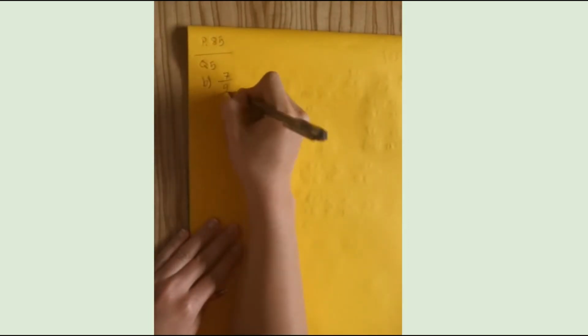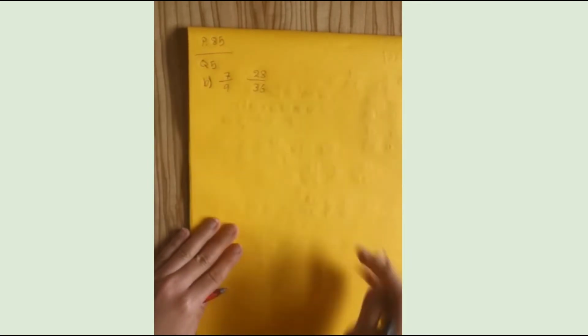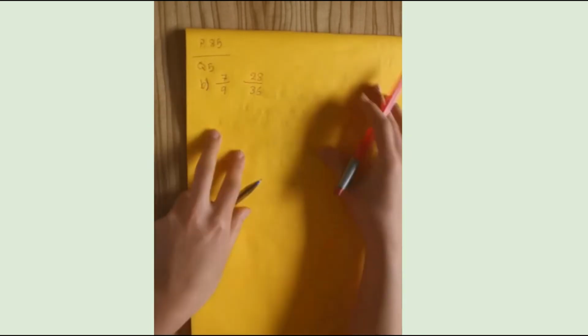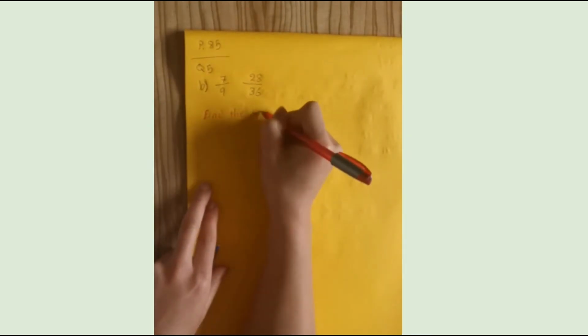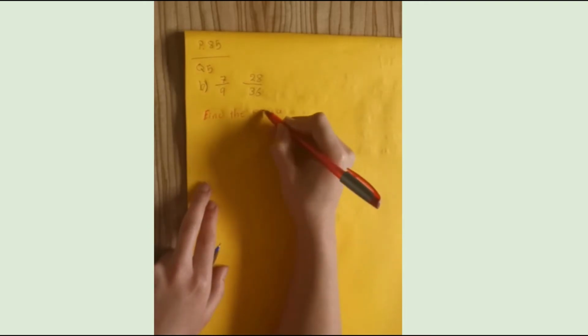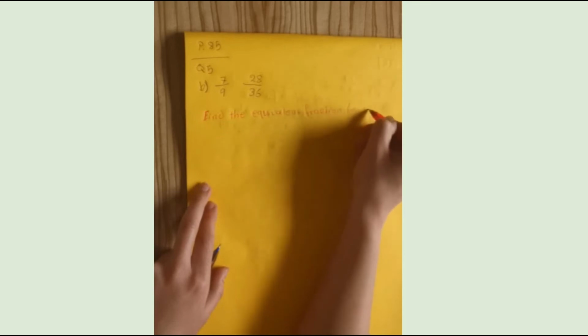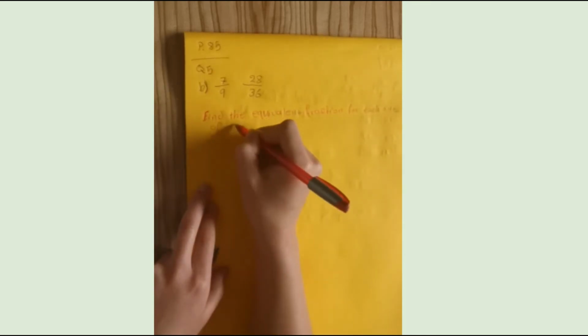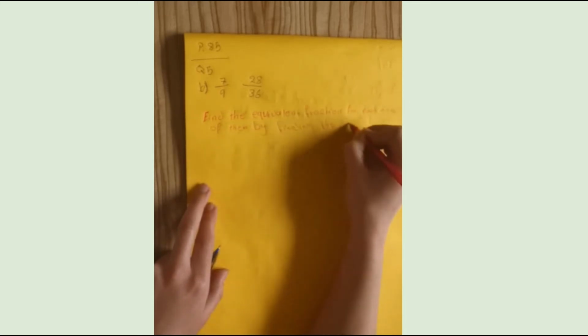Okay, question B. We are comparing 7 out of 9 and 28 out of 36. Again, we are finding the equivalent fraction for each one of them by finding the common denominator.